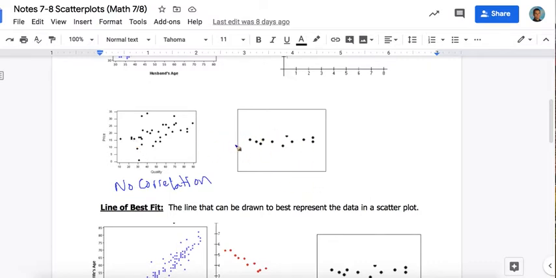This one, you can see all of them are kind of staying together, but it's not increasing, it's not decreasing. They're kind of staying steady. This is called a constant correlation. A good example might be the days in July and the temperature.